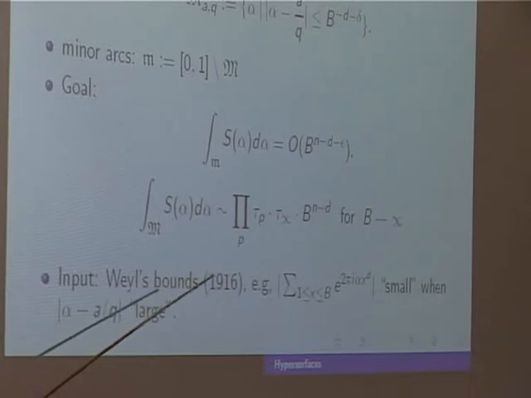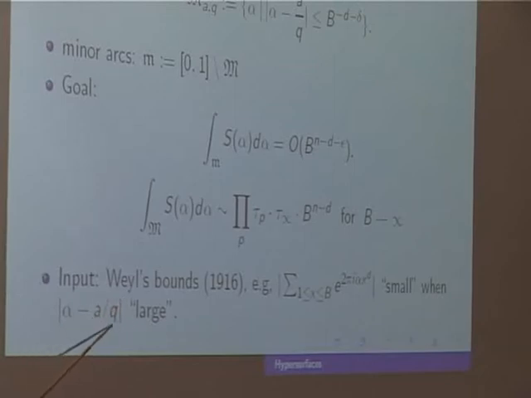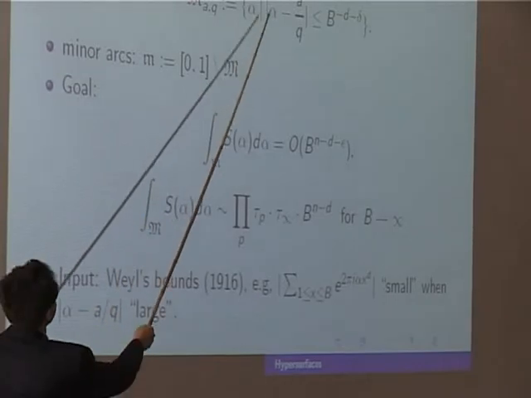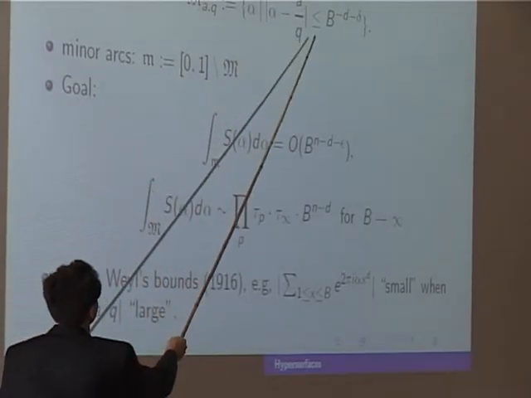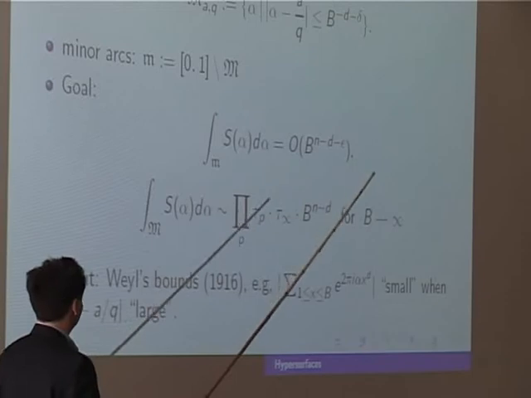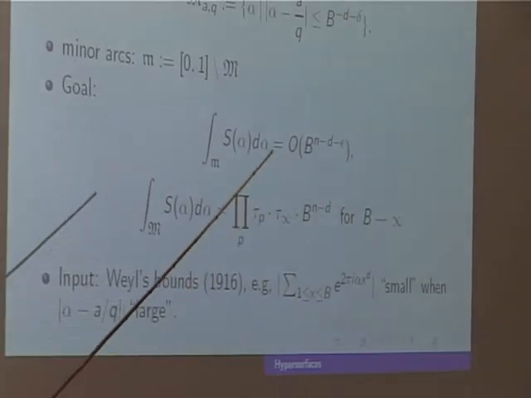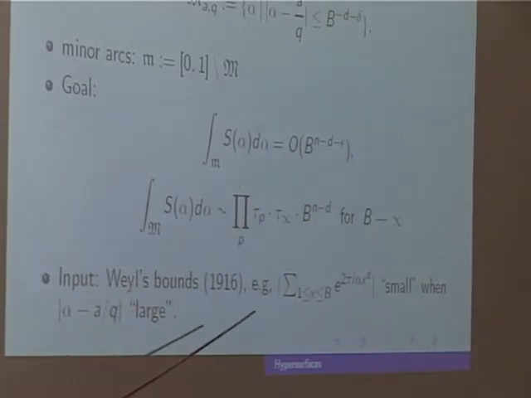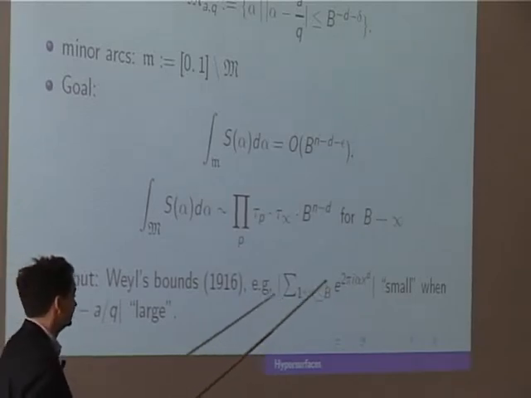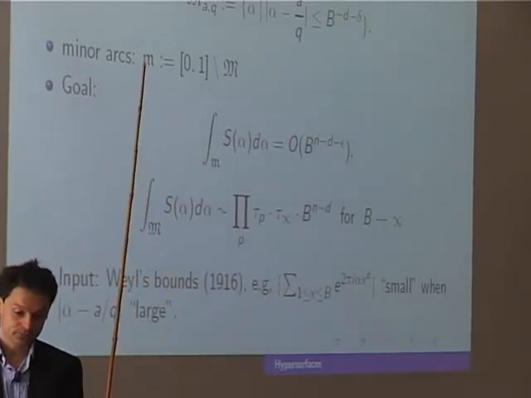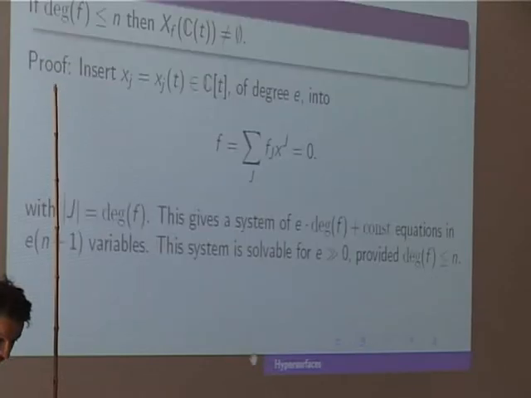Alpha is our parameter with the property that it cannot be approximated by rational numbers with small denominators, right? Outside this range, and what small and large have to be, that has to be made precise, and then you derive estimates for that. Again, the details of this we'll see later on.